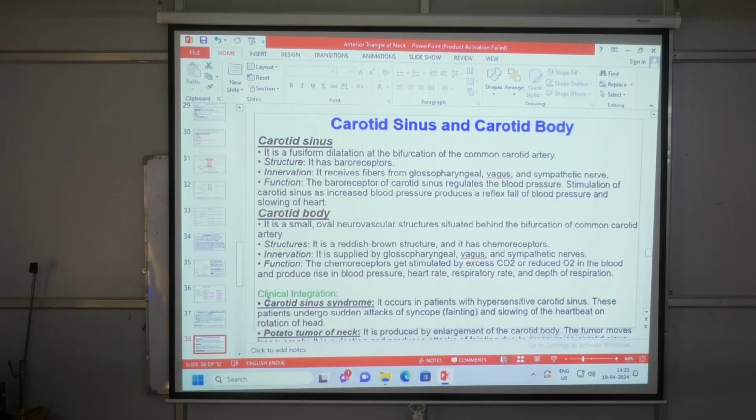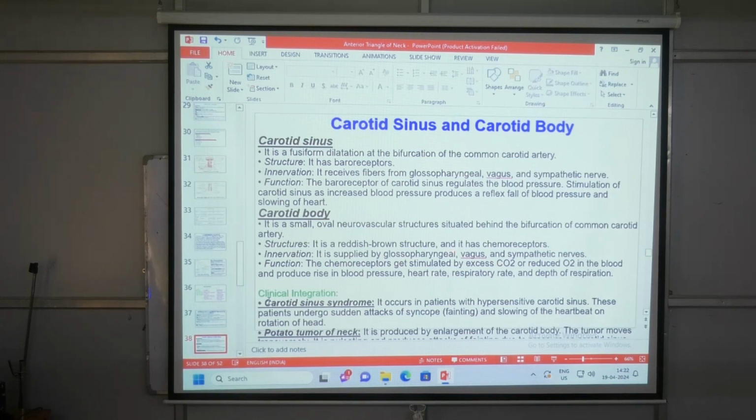The baroreceptors of the carotid sinus regulate blood pressure, and stimulation of the carotid sinus by increased blood pressure produces a reflex fall of BP and slowing of the heart. Okay. Now, carotid body: it is a small oval neurovascular structure situated behind the bifurcation of the common carotid artery.